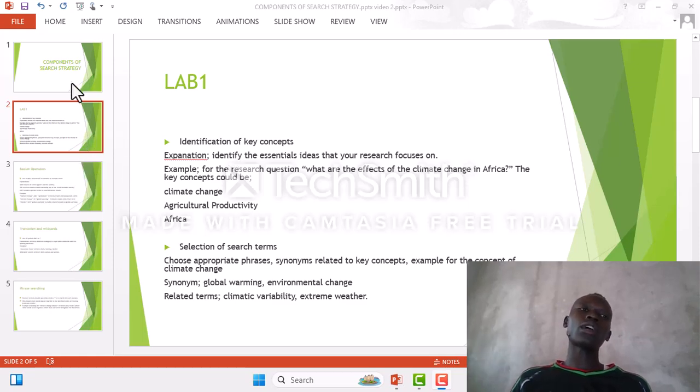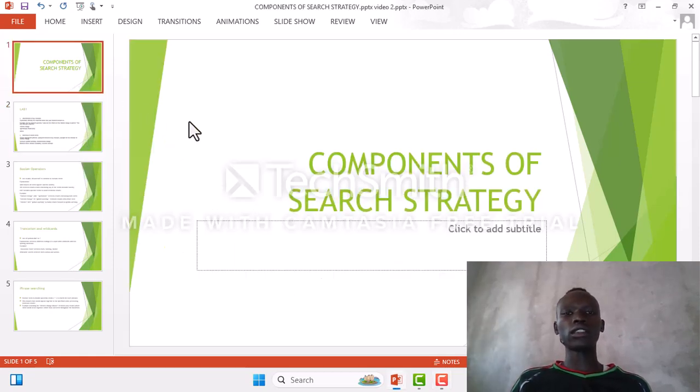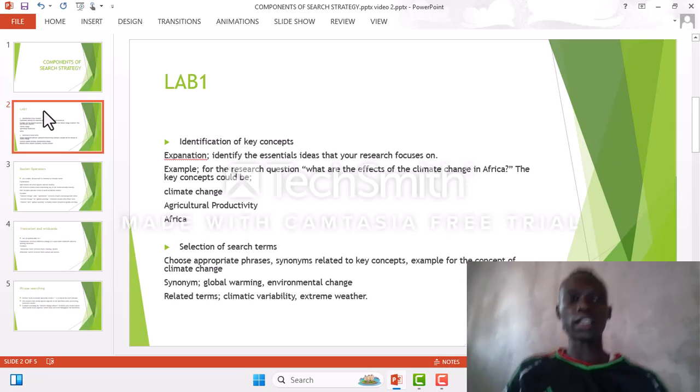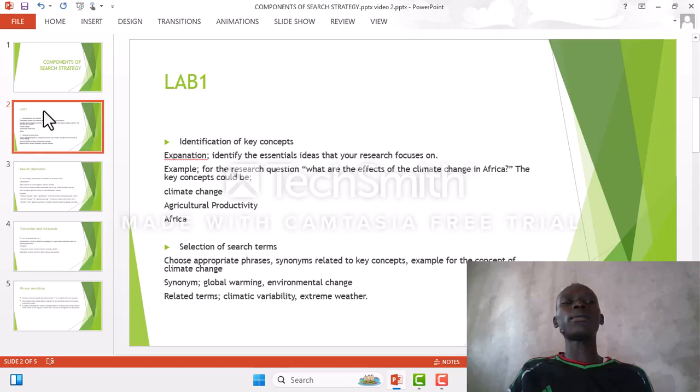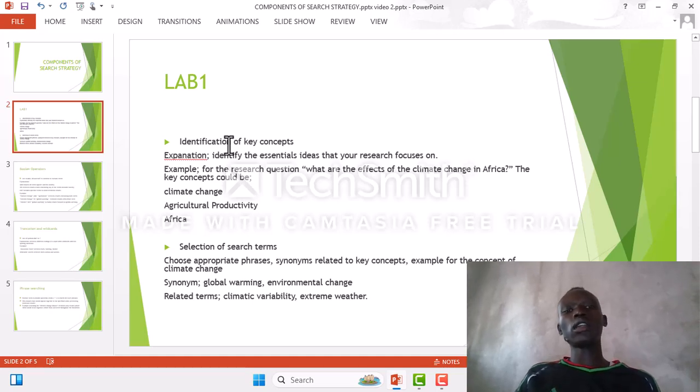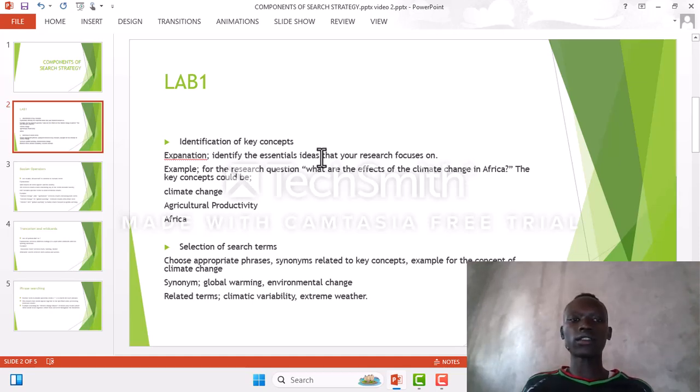So we have the components of search strategy, and I'm going to take you through this, and we're going to learn it together. We have two components of search strategy in lab one. Number one is identification of key concepts, the essential ideas your research focuses on.